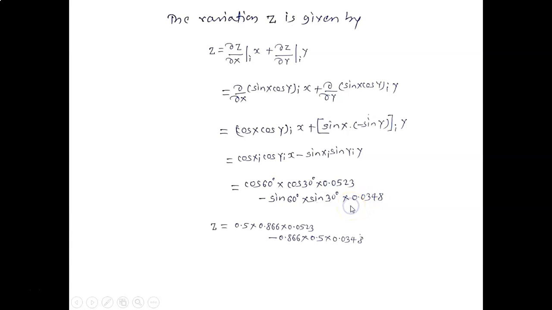Therefore, small z is equal to 0.5 into 0.866 into 0.0523 minus 0.866 into 0.5 into 0.0348. Therefore, small z is equal to 0.0226 minus 0.0150. Therefore, small z is equal to 0.0076. This is the value of small z.